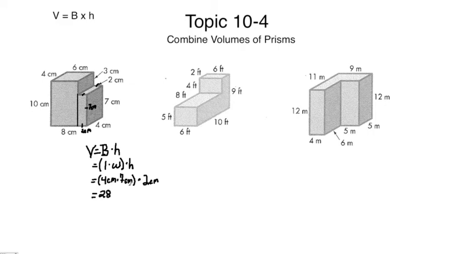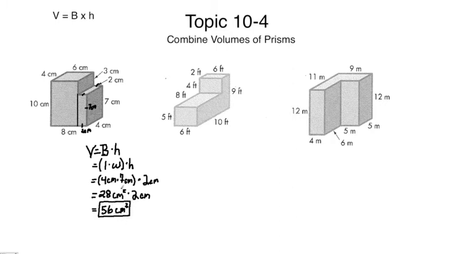A centimeter times a centimeter is a centimeter squared. And then bring down the height, which is 2 centimeters. 28 times 2 is 56. And a centimeter squared times a centimeter is a centimeter cubed.